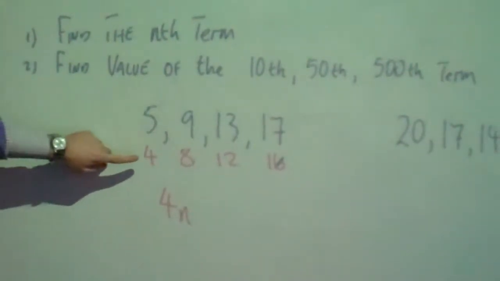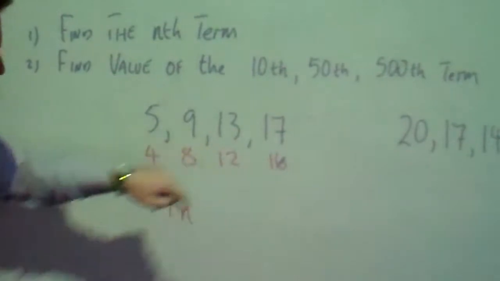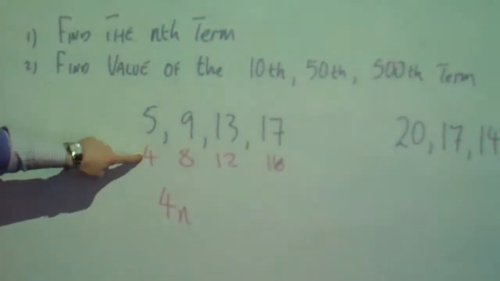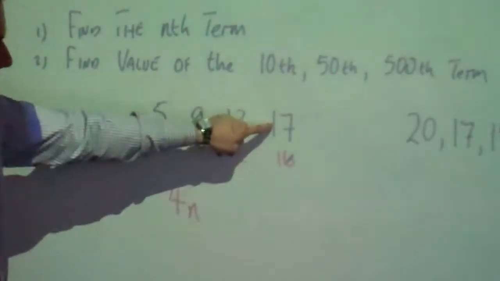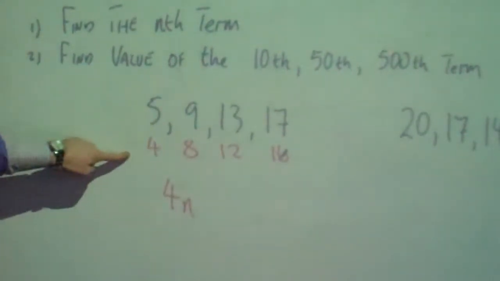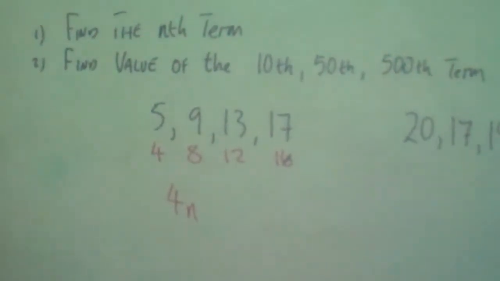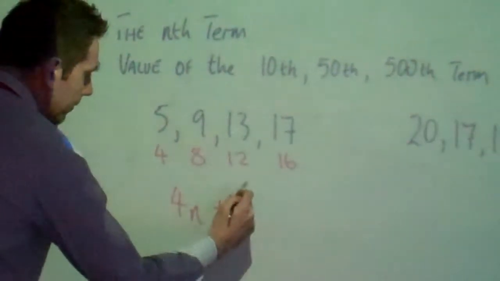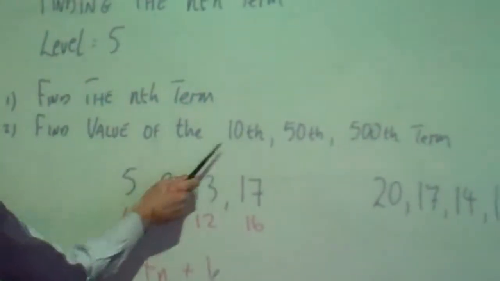When you look at the 4 times tables mapped onto our new version, there is another pattern: 4 to 5, 8 to 9, 12 to 13, 16 to 17. How we get from the normal times tables to this new sequence is simply that we add 1.